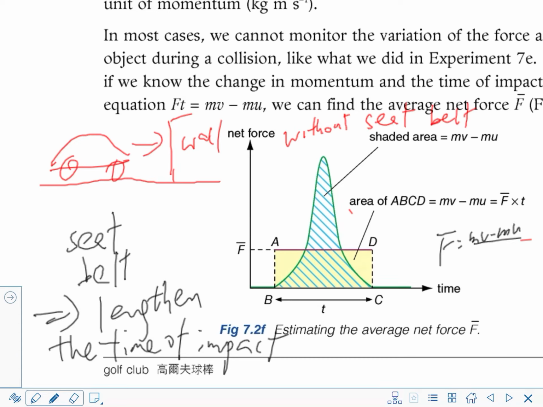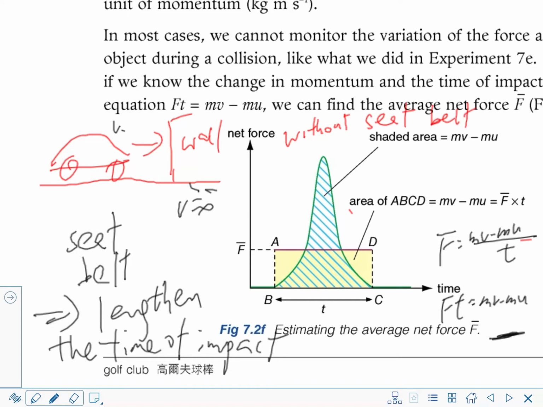By using this equation, F equals (mv minus mu) over t, so Ft equals mv minus mu. After the collision, v will be 0, and u is the initial speed. So the change in momentum is constant for these two cases.